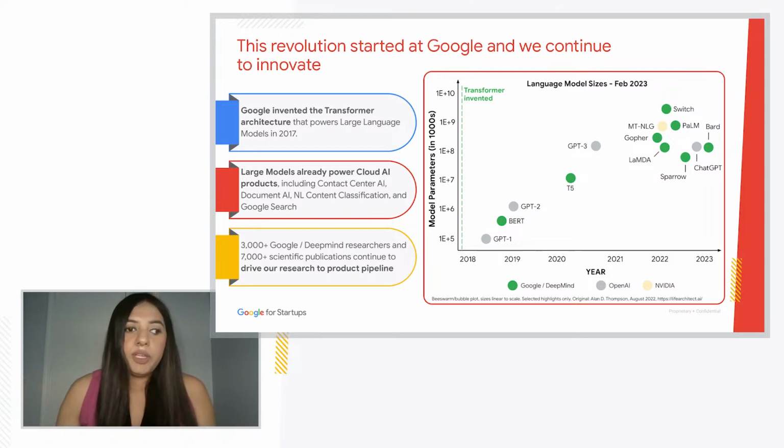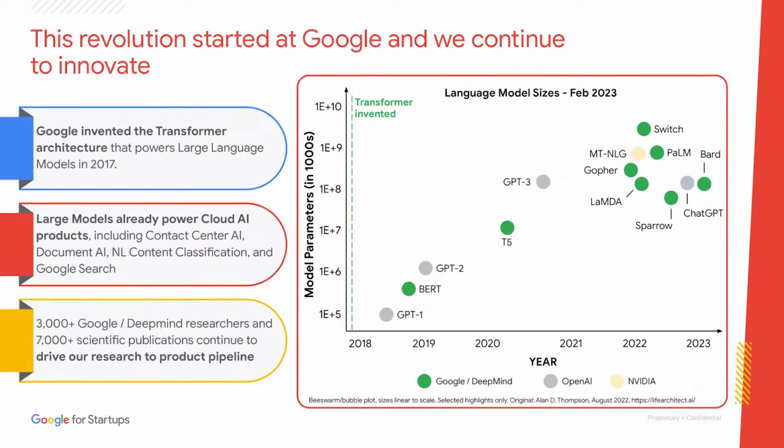And you'll be surprised to know that large language models already power our cloud AI products, including contact center AI, document AI, content classification, as well as the most popular Google search. Lastly, we are pioneers of research in AI development. 3,000 plus Google and DeepMind researchers and 700 plus scientific publications continue to drive our research to product pipeline.